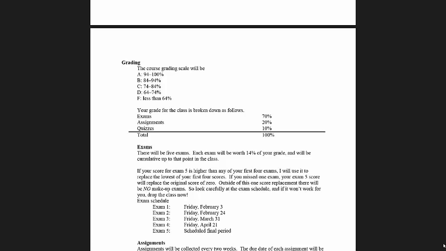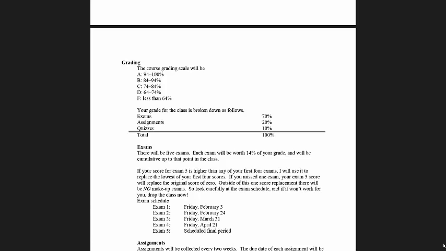So say that you did well on exams 1, 2, and 4, and then you get a 90 on exam 5, okay? But exam 3 you didn't do as well on. You either missed it and got a 0, or you got 30% on it or something.